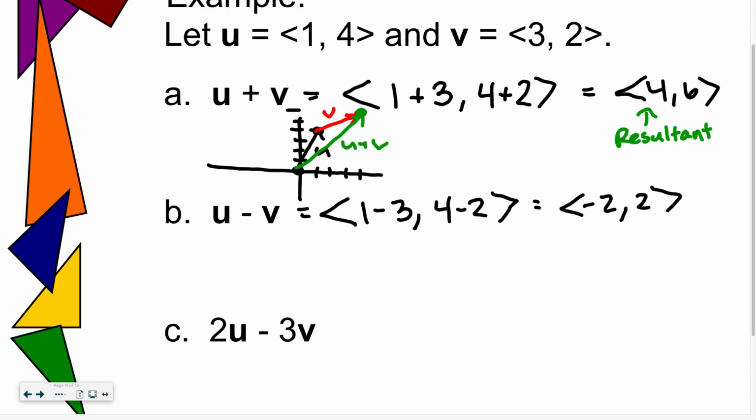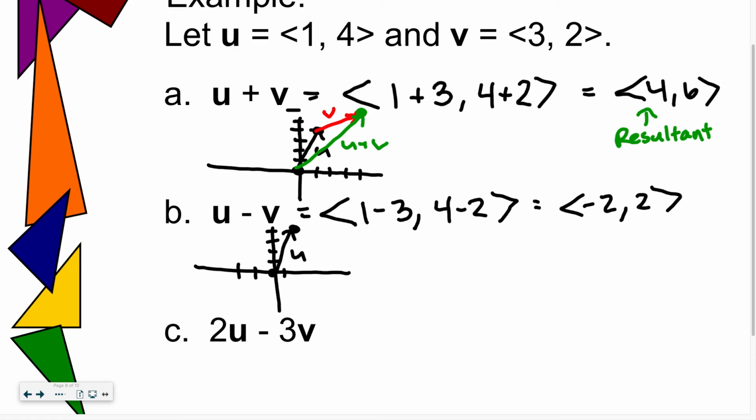I want to show that one to you visually because we wrote about it over on the other side, that your second vector should go in the opposite direction. So u is still 1, 4. But if you're subtracting v, instead of going right 3 and up 2, you're going to go in the opposite directions. You're going to go left 3 and down 2.